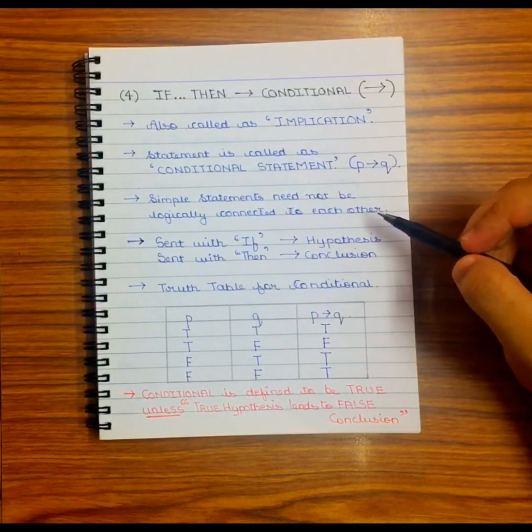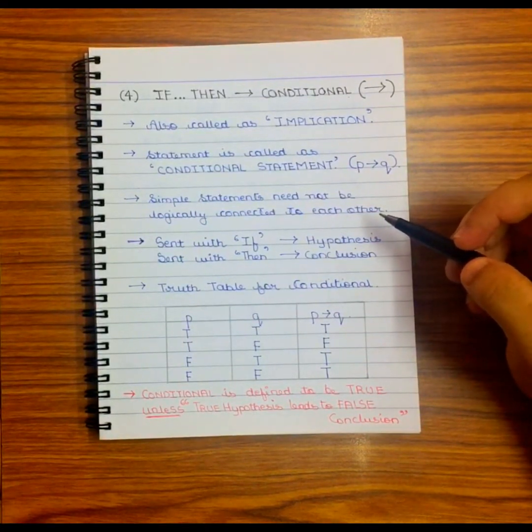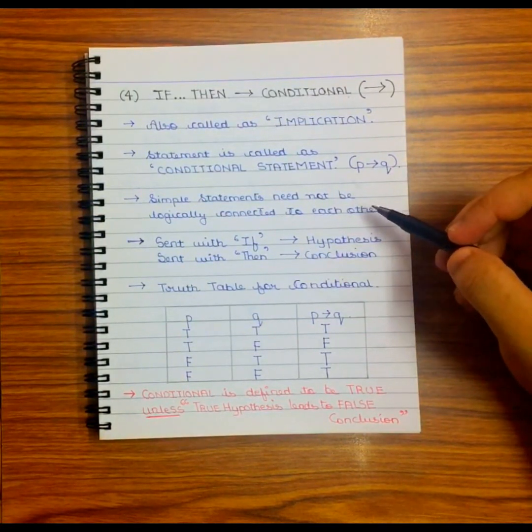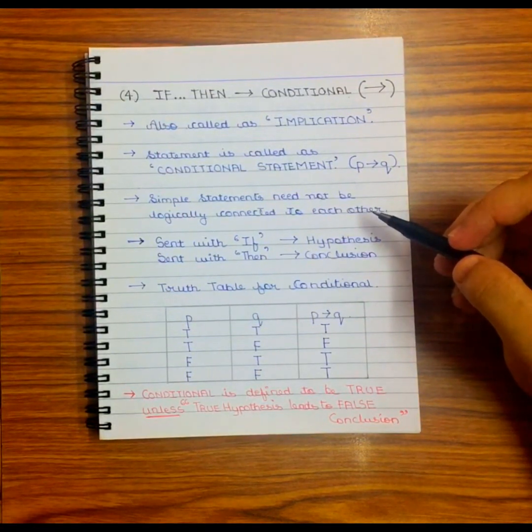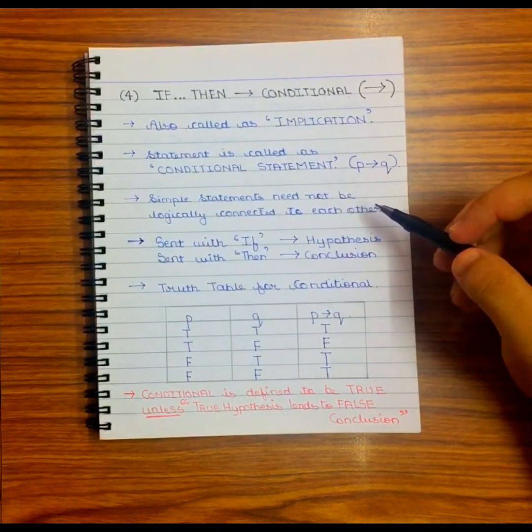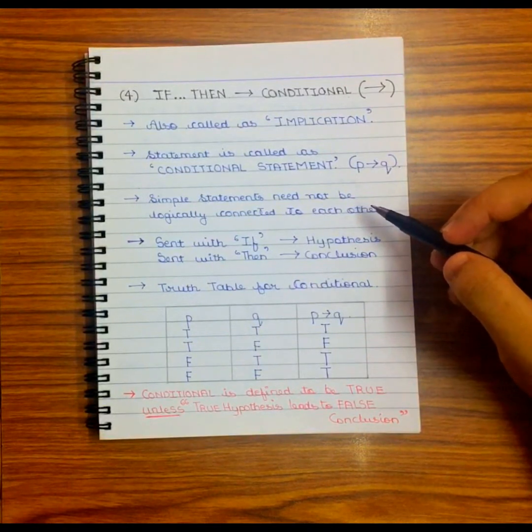Like, if it is cloudy then it will rain, so this is logically connected, whereas the other one, if milk is white then 2 plus 3 is equal to 5, may or may not be logically connected. But yes, if the statement contains if and then, it is called a conditional statement in mathematics.